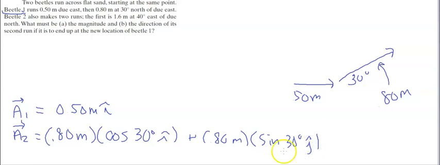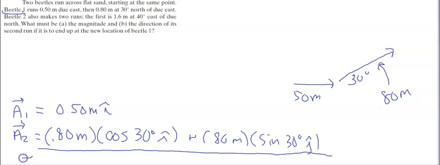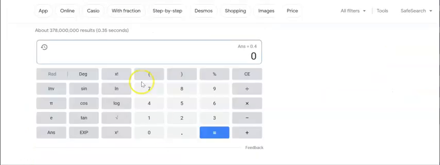Alright, we're going to plug those into our calculators. All we have to do is add these two vectors. So cosine 30 times 0.8, and we're going to add that to the first run's i component, which is 0.5, so plus 0.5.